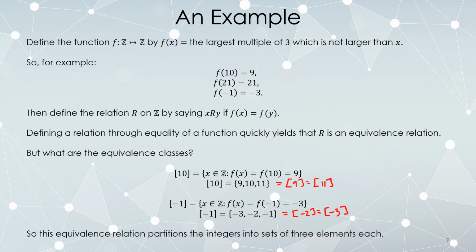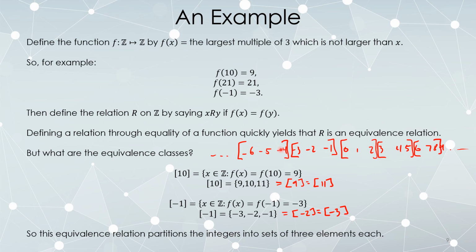If I have the integers, so I've got ... and then I have maybe -6, -5, -4, -3, -2, -1, 0, 1, 2, 3, 4, 5, 6, 7, 8, 9, and so forth. Here is an equivalence class. Here is an equivalence class. Here's an equivalence class. Here's an equivalence class. Here, and so forth.